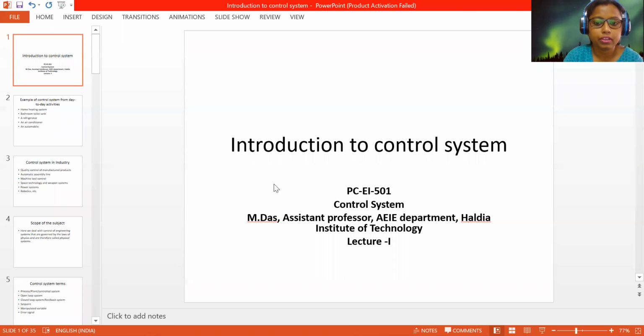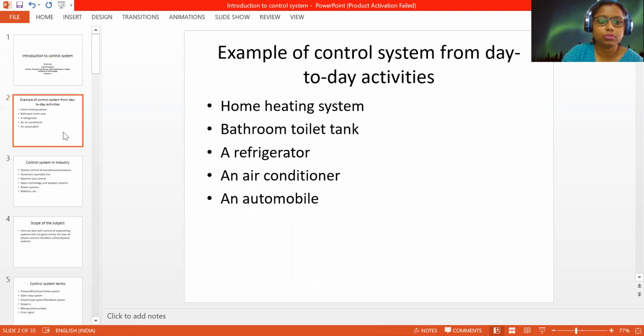Every day in our day-to-day life, we have different sorts of examples of control systems, from a home heating system to a bathroom toilet fan to a refrigerator to an air conditioner and also an automobile. In every aspect, we use the control system in daily life, knowingly or unknowingly.